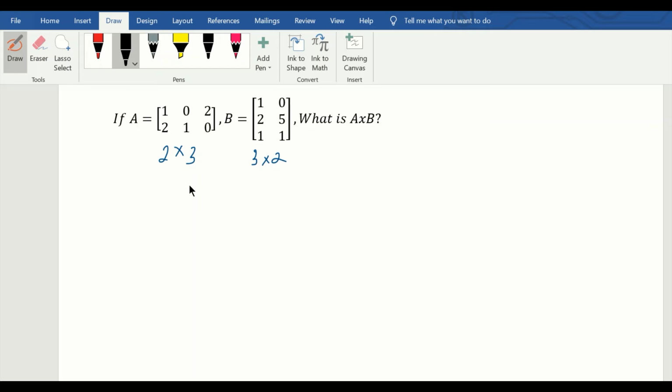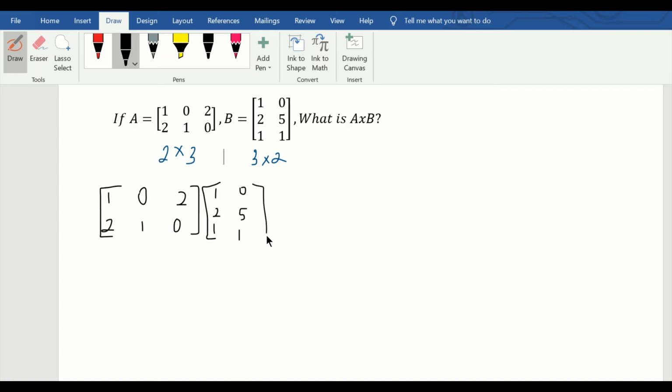Let's check it out. So matrix A is giving us 1, 0, 2, 2, 1, 0 times matrix B. Matrix B is giving us 1, 2, 1, 0, 5, 1.